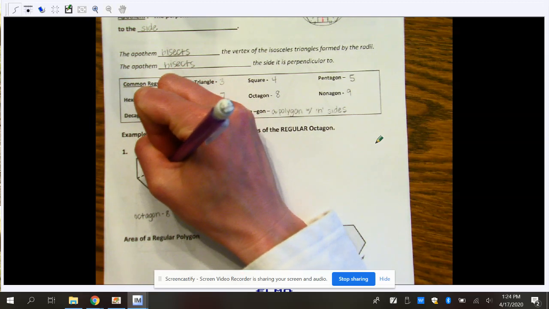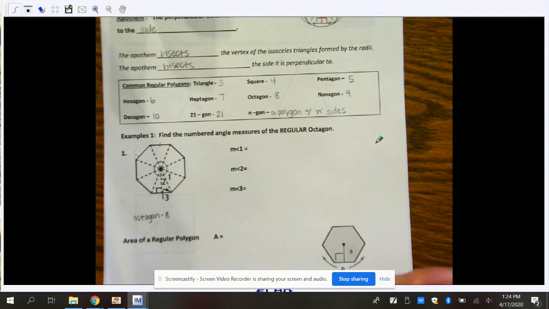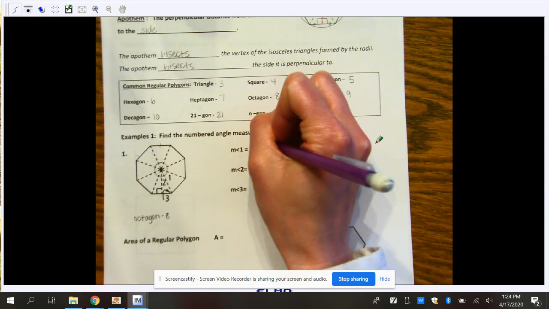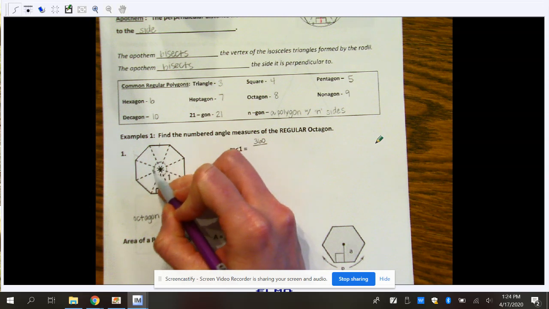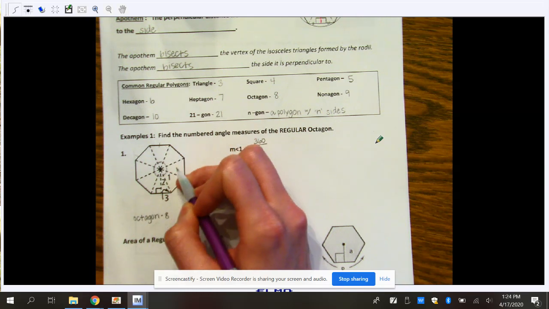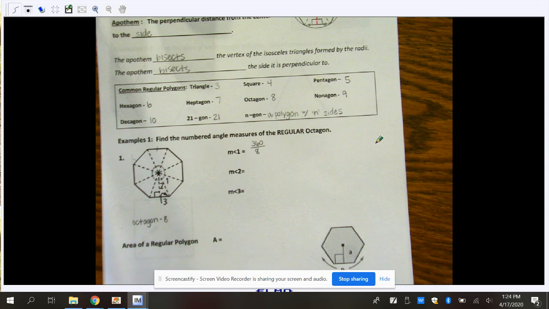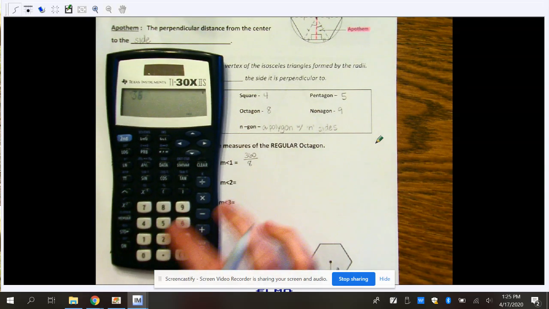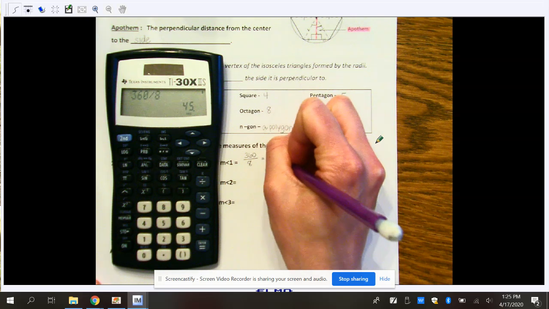These are called central angles, because they're in the center of your polygon. So to figure out the measure of each central angle, you're always going to take 360, right? And you can kind of see this little circle that I've drawn in here. And if all of these little angles are congruent, because it's a regular octagon, that means we can just divide by 8. So each central angle is going to be 45 degrees.